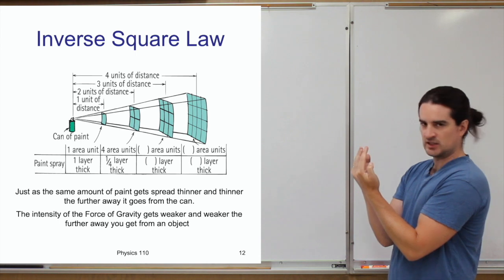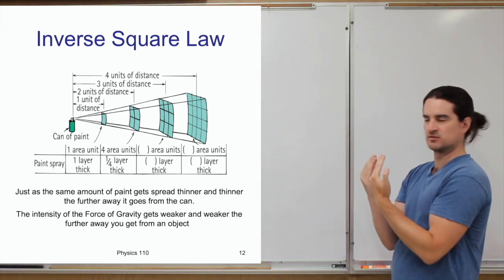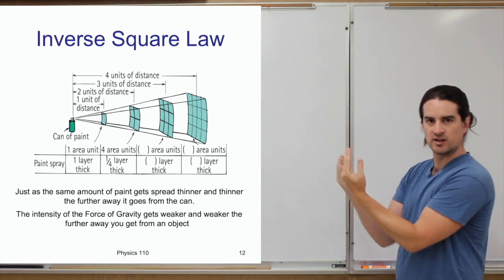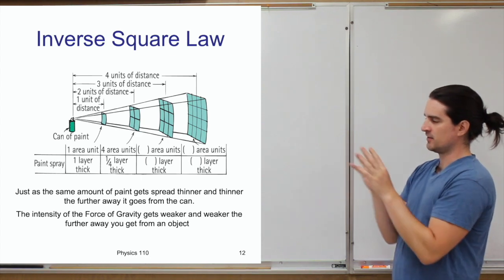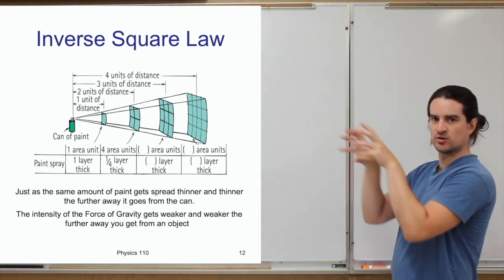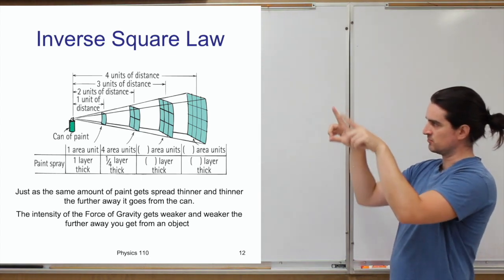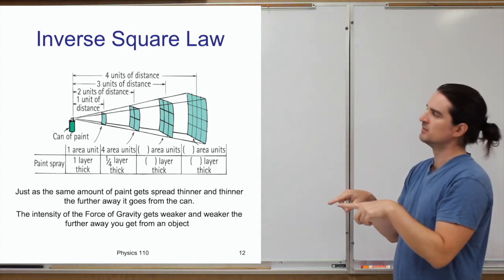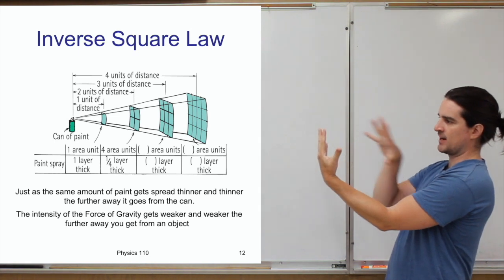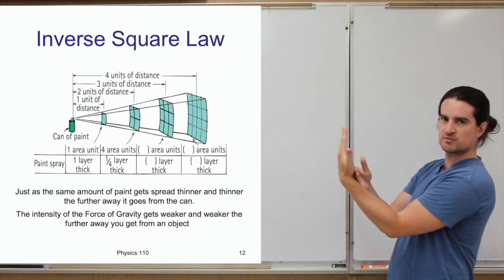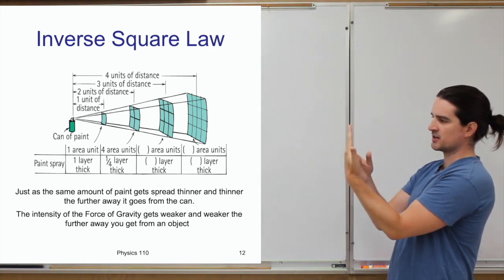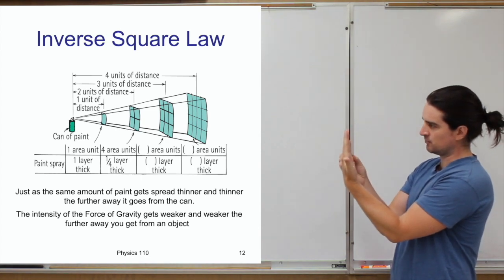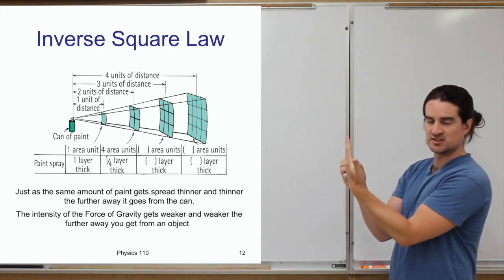And then if you go 3 times the distance, 3 feet, whatever it is now, away, then that spray paint will have spread out even more, right? And we'll actually end up with a 3 by 3 square to cover that thing that the spray paint would get out to. And now the same amount of spray paint would cover that area, but it would cover the area with a layer that's 1/9 as thick.